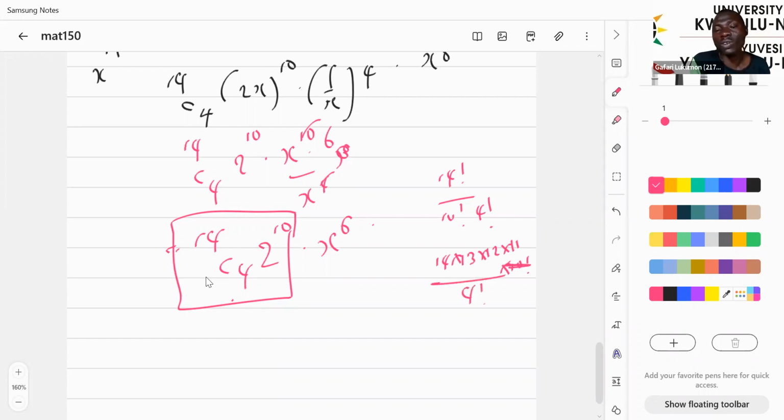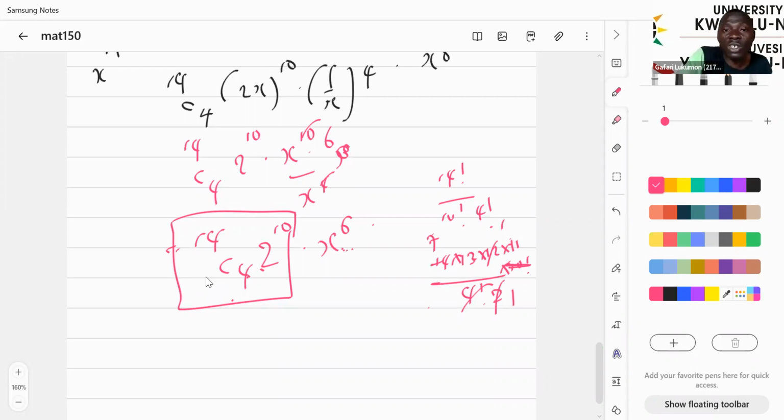And 4 factorial is 24. Then you have 12 here, 2 here, so 2 here, 7. Then you have 77. 77 times 13 will give you the product of this. So just multiply, use your calculator, and that will be the coefficient.